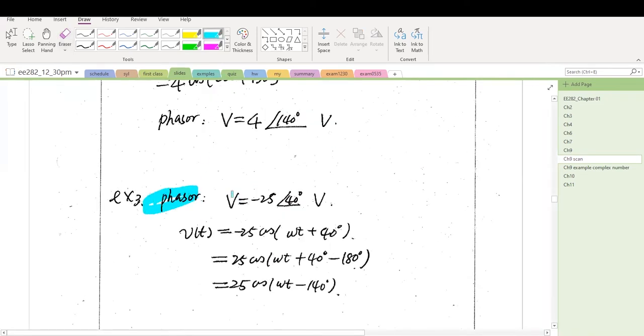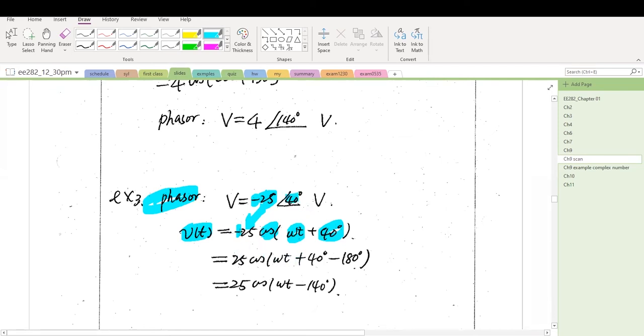Let's look at this question. We know phasor V equals minus 25, that's the magnitude, and angle 40 degrees. What's the time domain expression? The time domain v(t) equals minus 25 cosine(omega t plus 40 degrees), that's the phase.